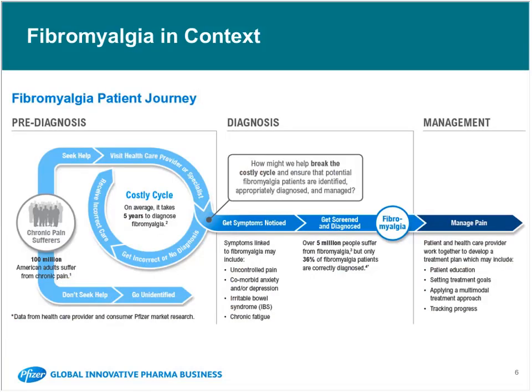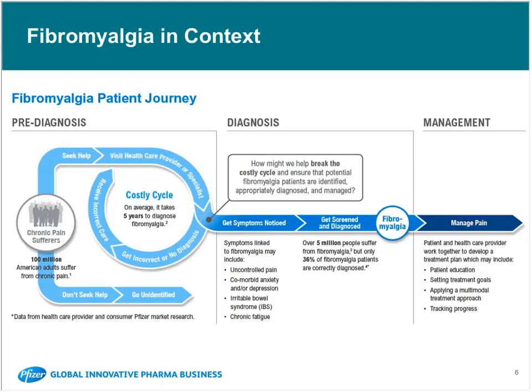Fibromyalgia is a chronic disease that is very costly, and it's not very easy to diagnose. It takes on average about 5 years to diagnose fibromyalgia patients, and it has a lot of comorbidities attached to it.